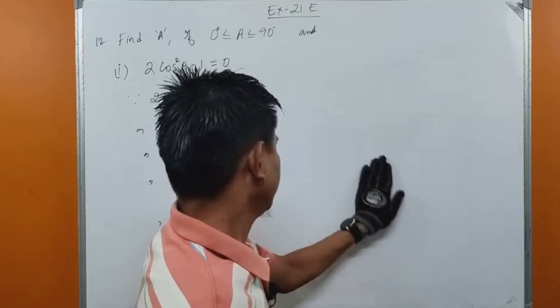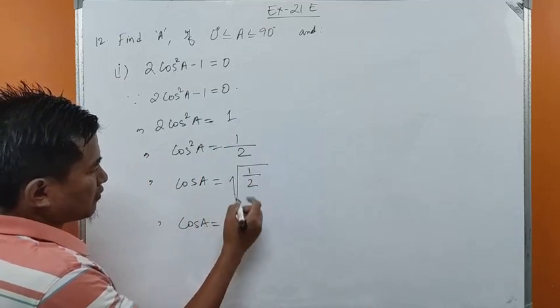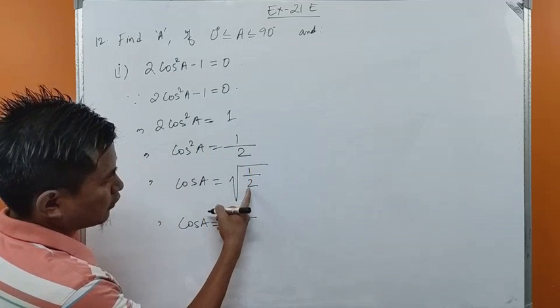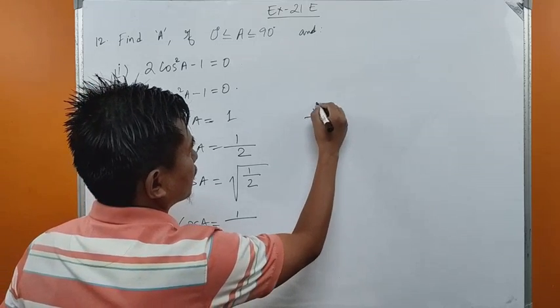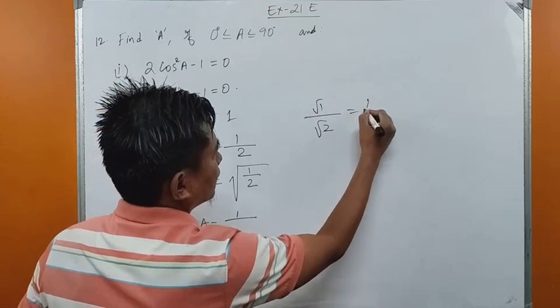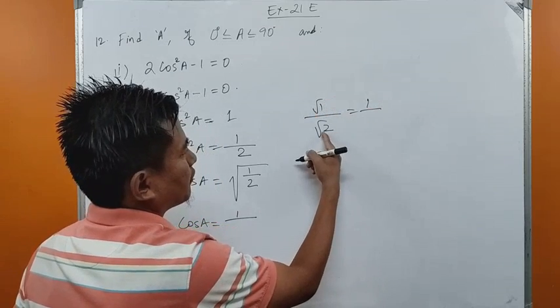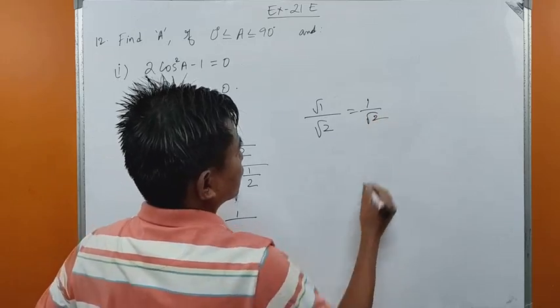So root under 1 means 1 upon, here we have root 2 in the denominator, isn't it? So root 1 by root 2. Root 1 means 1. Root 2 means we don't have the pair of these two, so we keep it as it is, root 2.